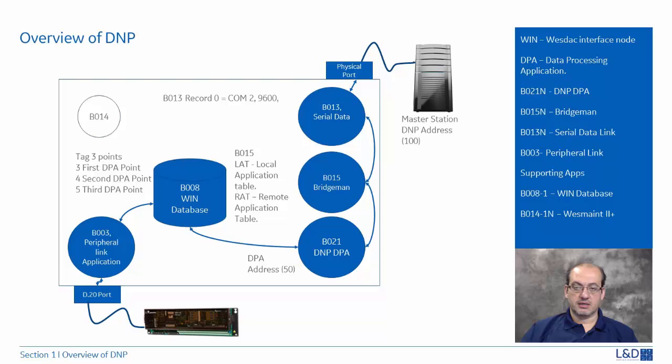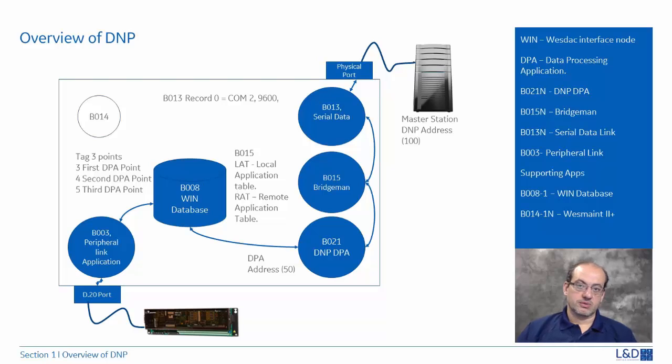And then the application that we will enable for that is going to be B003. So we'll enable application B003 and B008 and B014 and B021, B015 and B013.